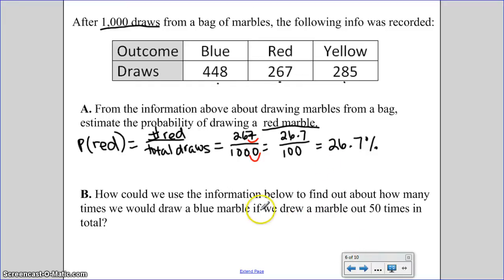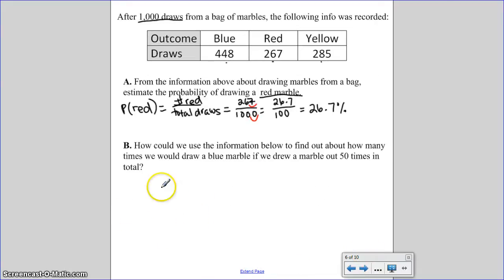Okay. Question B from this same information says, how could we use this information to find out how many times we would draw a blue marble if we drew a marble out 50 times in total? All right, let's think about this a little bit. We know that the probability is the times we draw, in this case, a blue marble, so draw blue over the total draws.